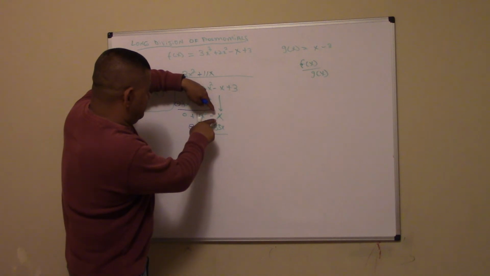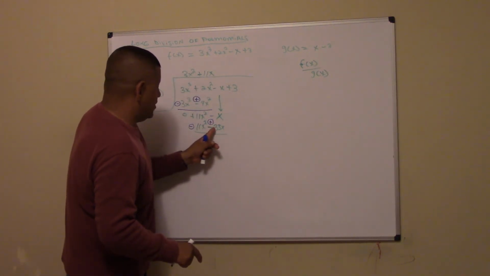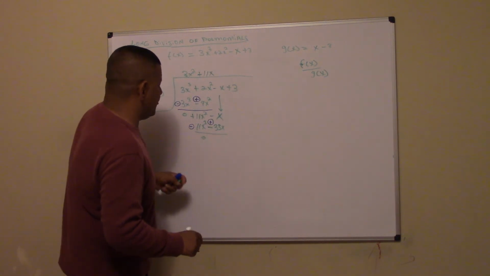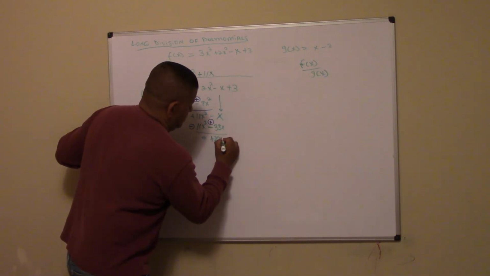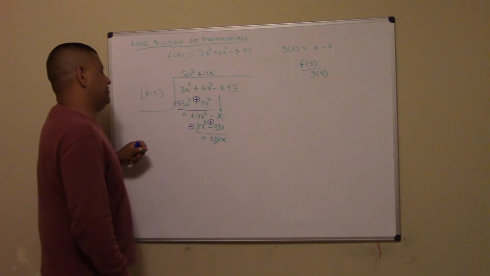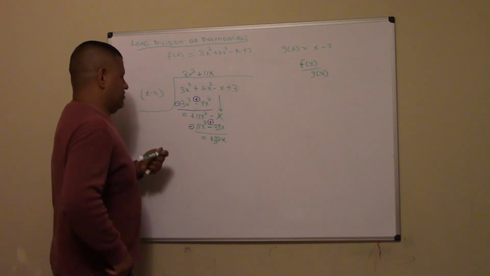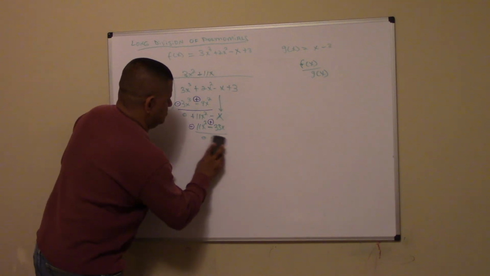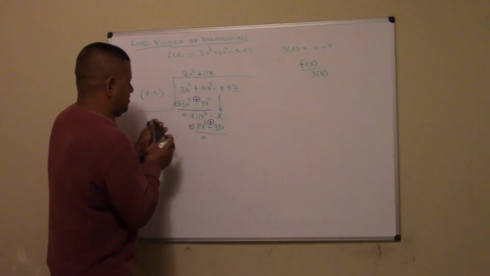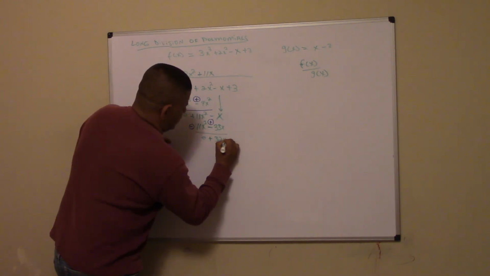So negative x plus a positive 33x is equal to 32x. Let me write this a little clearer: plus 32x.